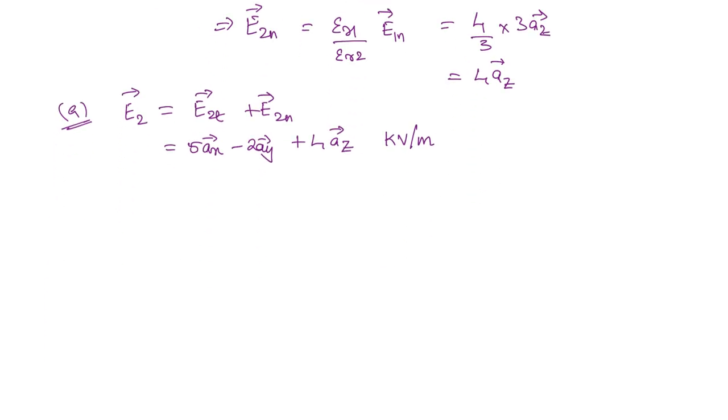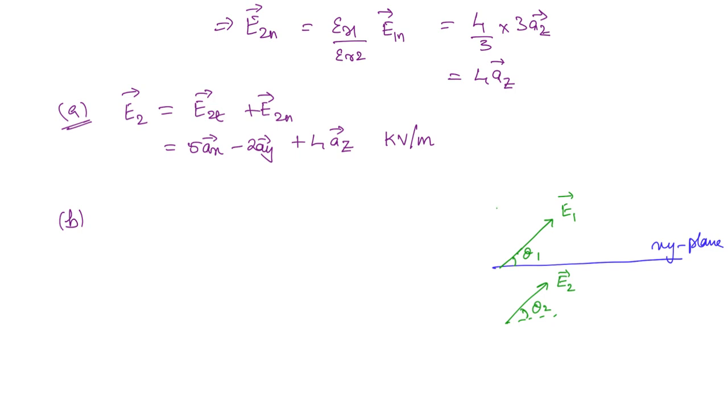Now the second bit, we have to find the angle that this is making. If this is the boundary, the XY plane, E1 is making an angle theta 1, and E2 bar makes the angle theta 2, the angle it is making with the horizontal.